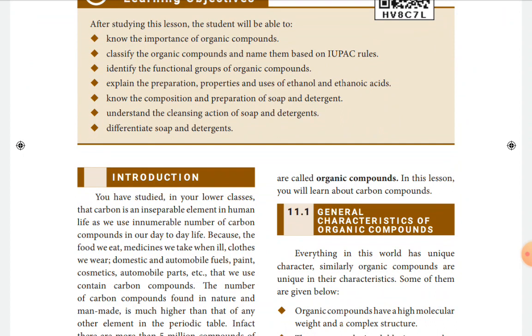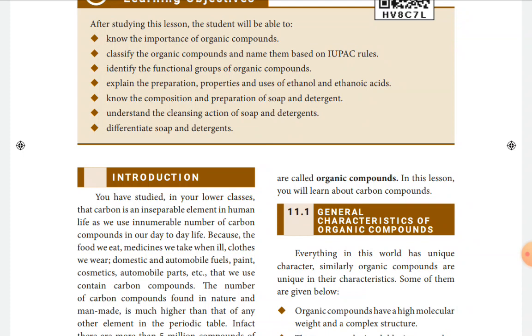Also, what is the percentage of carbon in the atmosphere? Already we learned air is a mixture, and this air constitutes nitrogen, oxygen, carbon dioxide, rare gases, water vapor, dust particles.